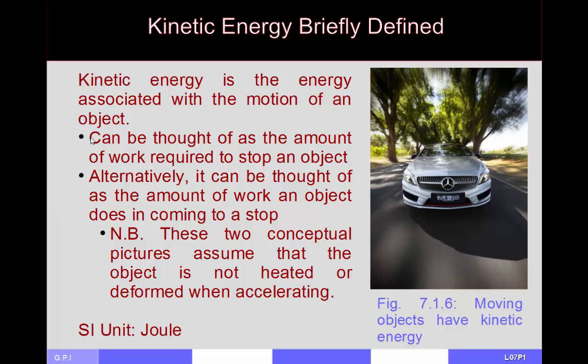An easier way of thinking of it would be, how much work do you need to do against the motion of some object in order to stop that object? And these two conceptual pictures are both assuming that you're not heating or deforming or breaking or anything like that the object as you're bringing it to a stop.